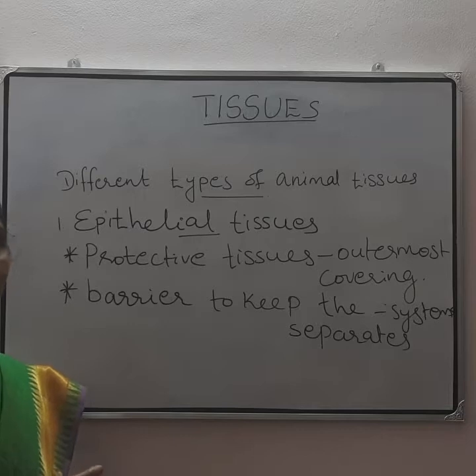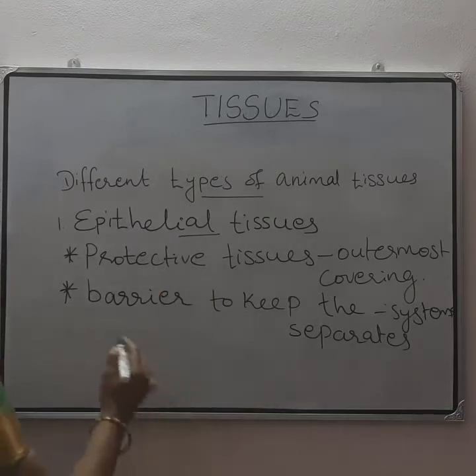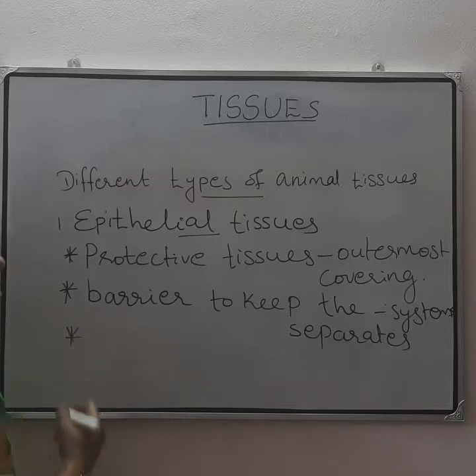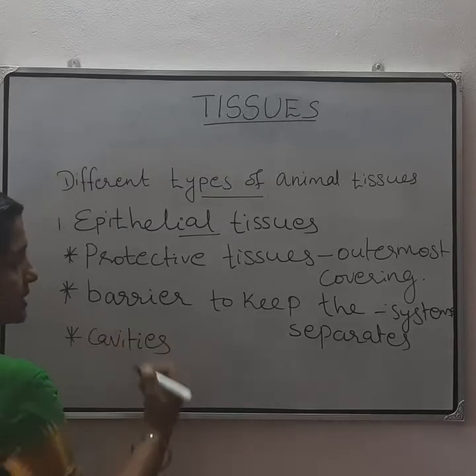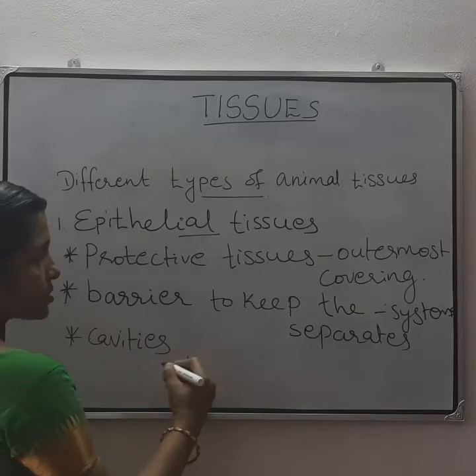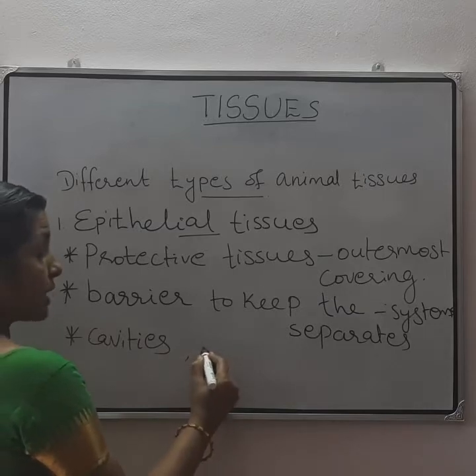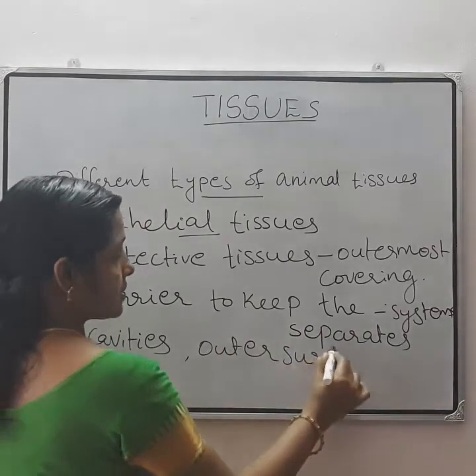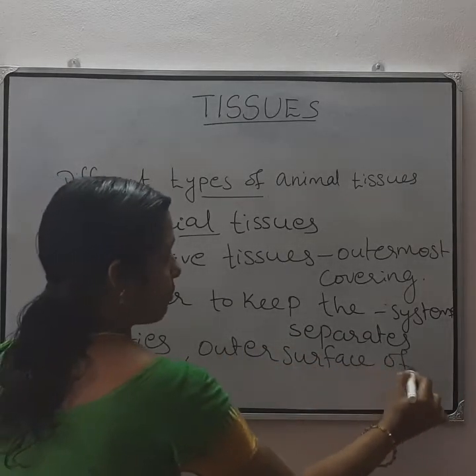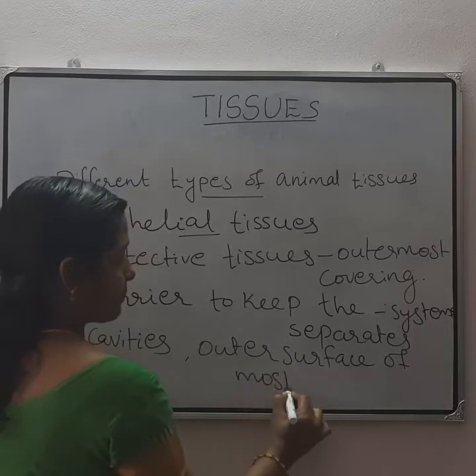These systems are separated by these epithelial tissues. And these epithelial tissues are also found where? Inside the cavities, and also present on the outer surface of most of the organs.